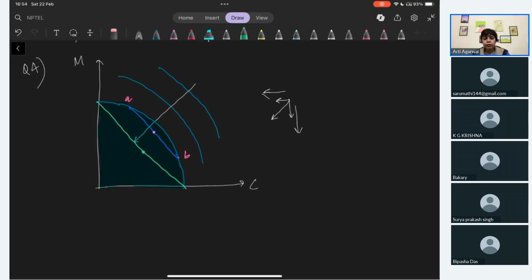The green line where it cuts the x-axis and where it cuts the y-axis is where Molly is consuming only milk and only cookies, right? And any point on the green line segment is a combination of milk and cookies. And you can see that it is on the side of higher utility because the arrow is going in this direction. So let me redraw this arrow so that it's a bit clearer.